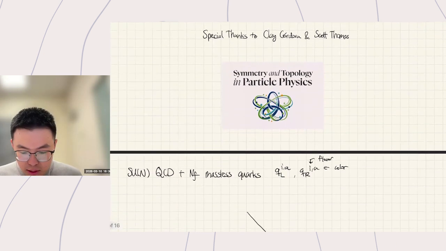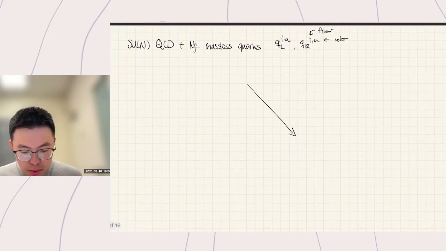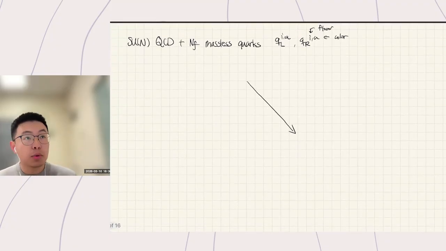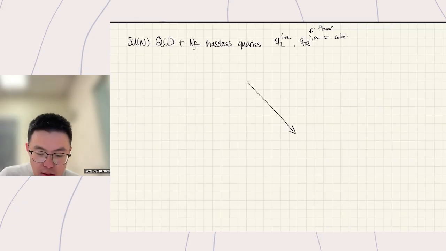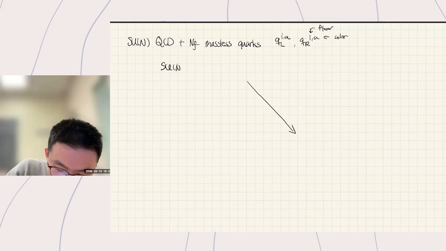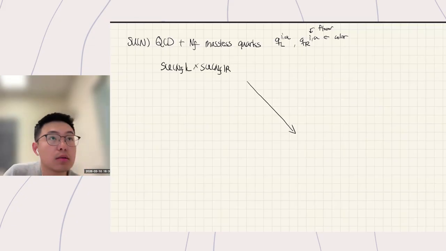Okay, so let me just tell you the setup first. We'll be considering an ideal case, but this will also be relevant for the real world. So we'll consider SU(N) QCD coupled to N_F massless quarks. In this case, there's an SU(N_F) left symmetry and an SU(N_F) right symmetry.